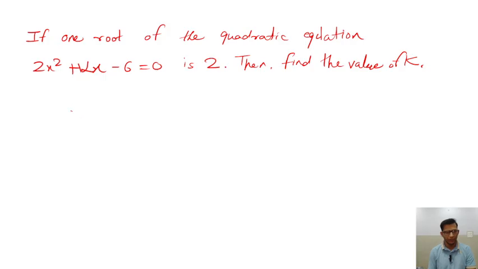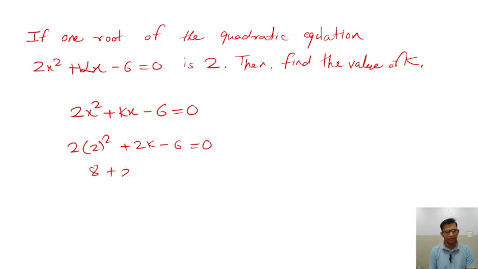The given equation is 2x square plus kx minus 6 equal to 0, and one of its roots is 2. I told you earlier, if 2 is a root of this equation then 2 must satisfy this equation. Therefore if I put x equal to 2, it becomes 2 into 2 square plus 2k minus 6 equal to 0.